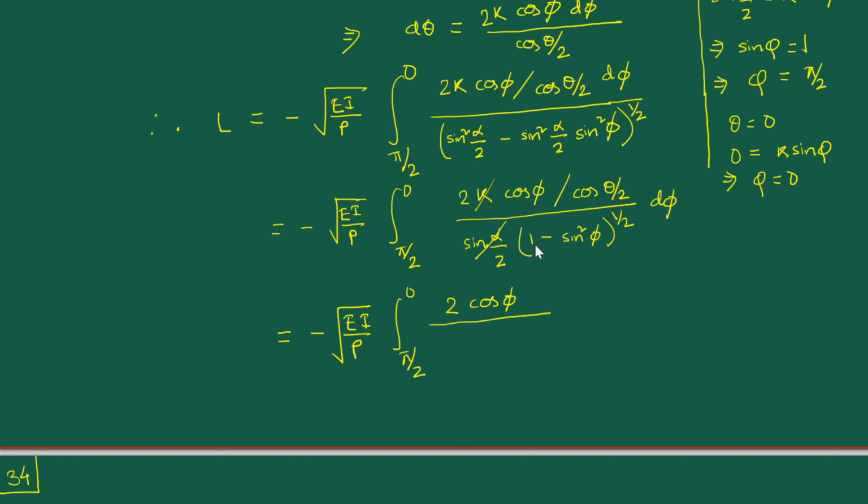Now this is 1 minus sine square phi, so that is cos square phi, but there is a square root here, so we end up with this cos phi also, so that will cancel with the numerator. But please don't forget that I have a cos theta by 2 here, and that cos theta by 2 now has to be written in terms of the k sine phi. So that will do in the next step.